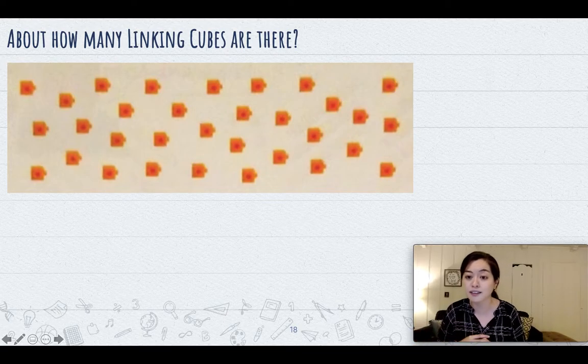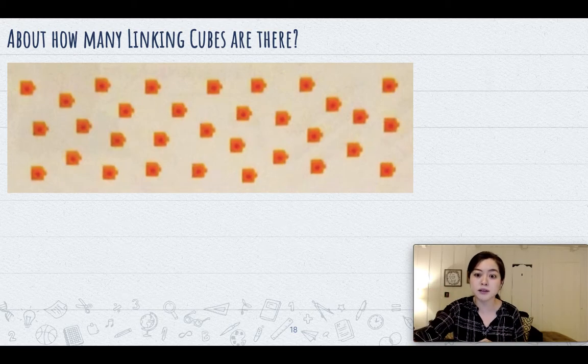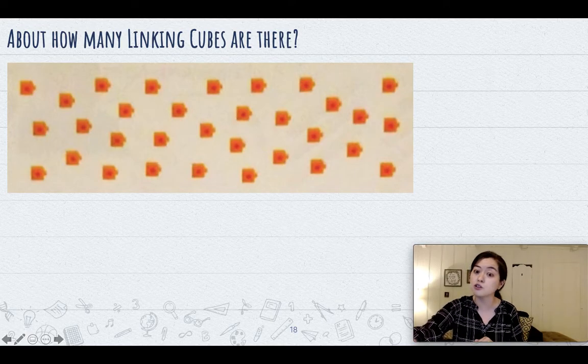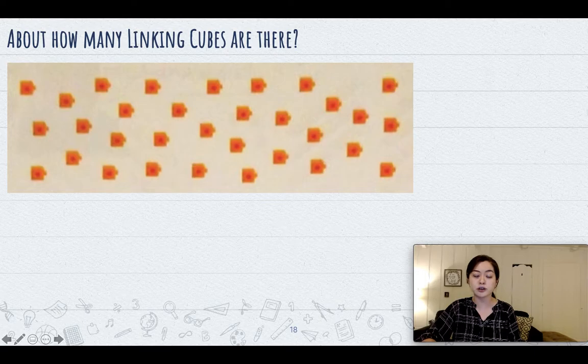You can count like that. But we're talking about estimation, and I know because I see this word about. About means not an exact amount. They want you to take a good educated guess how many linking cubes there could be in that picture.